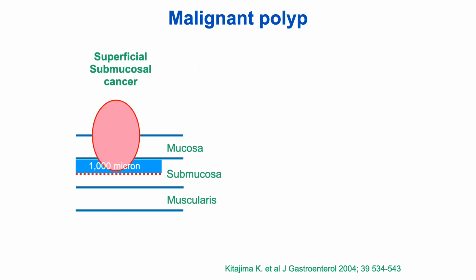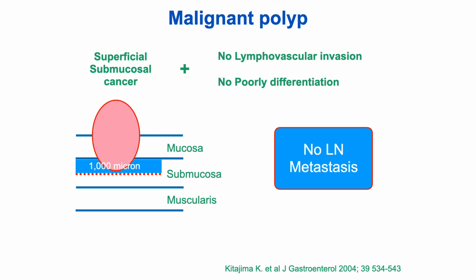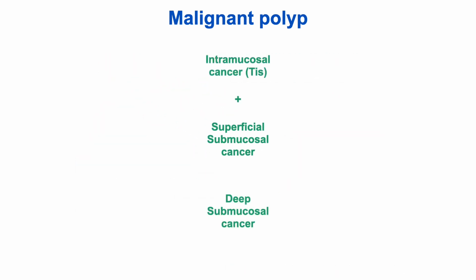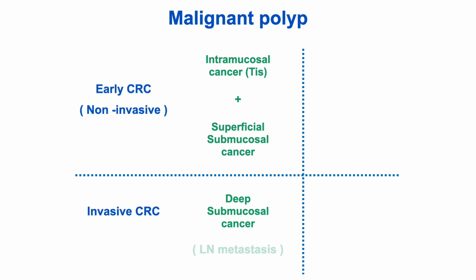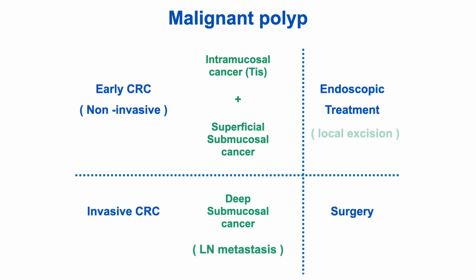For superficial submucosal cancer without lymphovascular invasion or poor differentiation, there is very low risk of lymph node metastasis, so we can say there is no lymph node metastasis. We can divide malignant polyps into early colorectal cancer, which is intramucosal cancer and superficial submucosal cancer, and invasive cancer, which has a chance of lymph node metastasis and needs surgery to remove the lymph nodes.